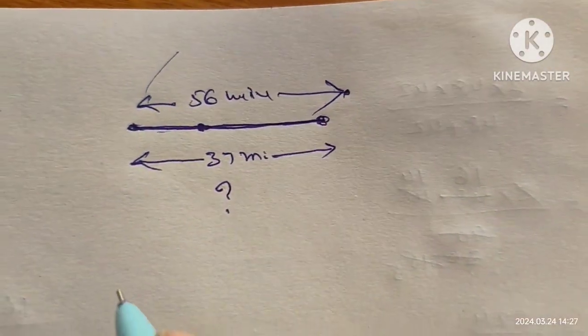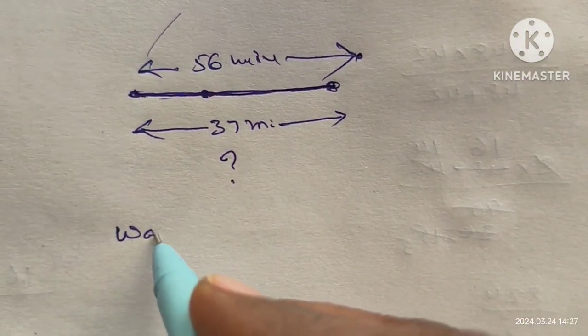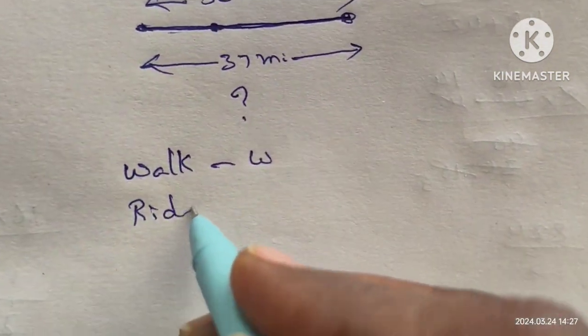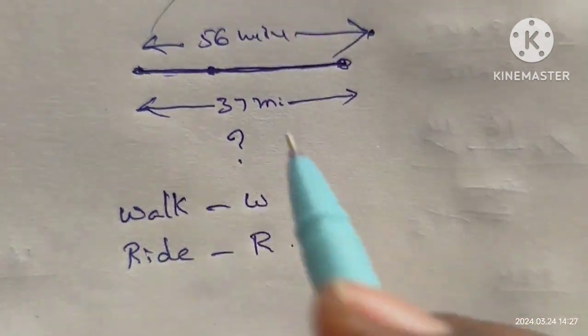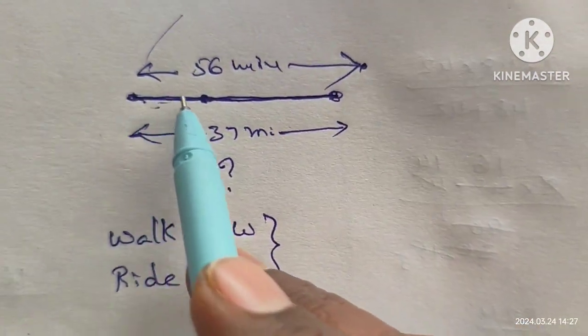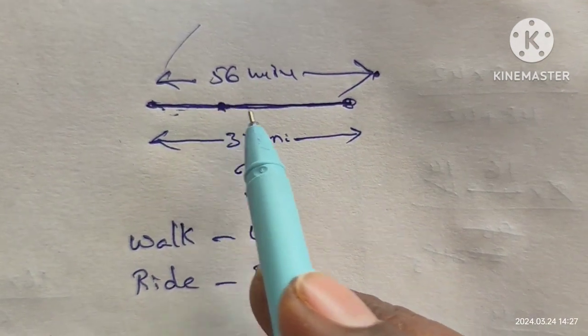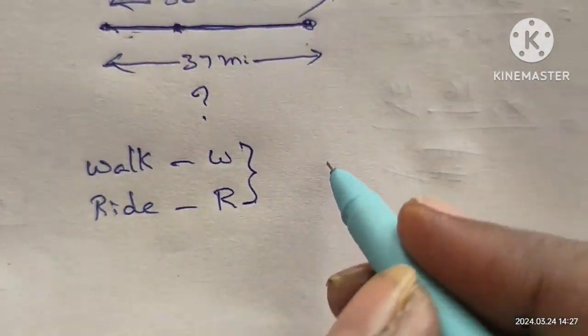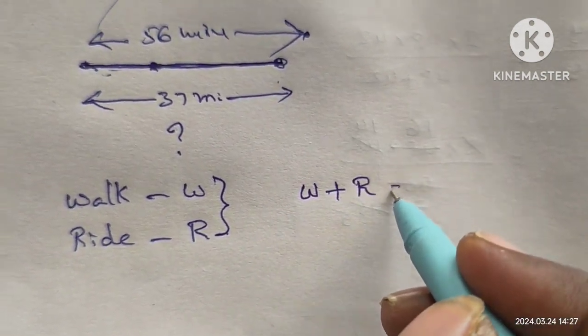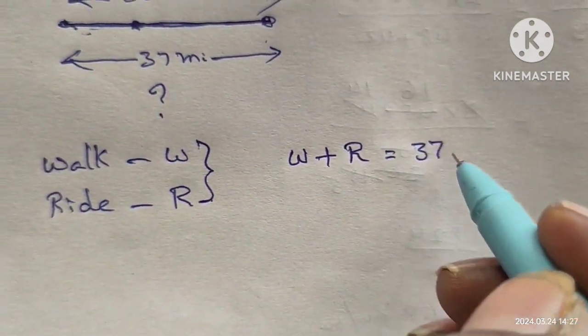That is the question. So here we simply take walking as W, and riding as R. In the first situation he walked some distance and rode the remaining distance. So walked plus ride, total time 37 minutes.